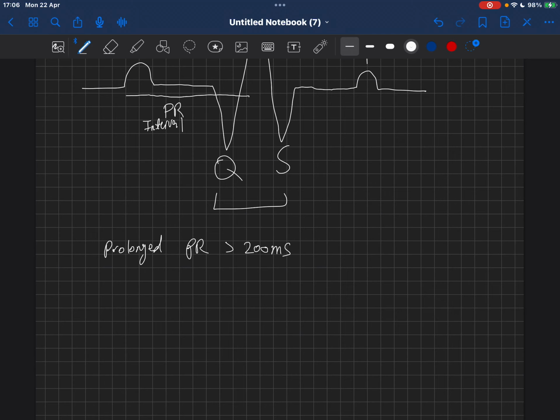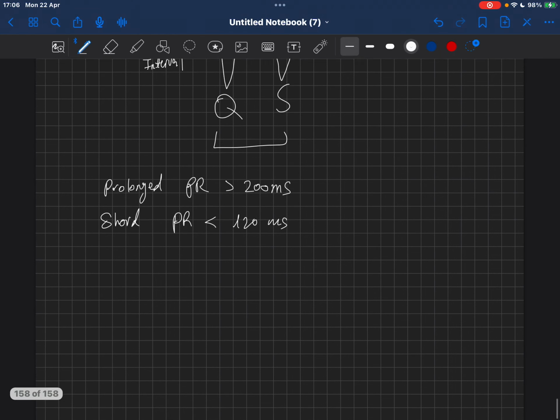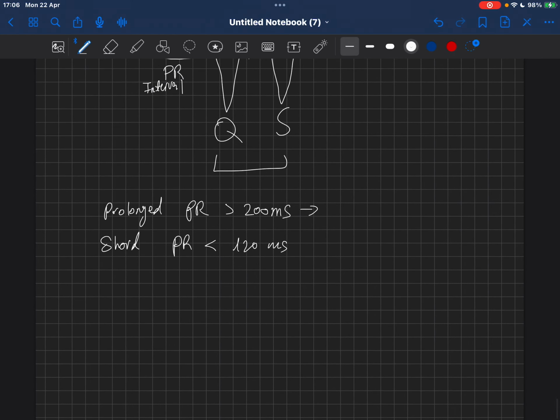Prolonged PR is defined as PR above 200 milliseconds, and we have shortened or short PR, which is below 120 milliseconds. Prolonged PR is known as first degree AV block, and we are not getting into it now.